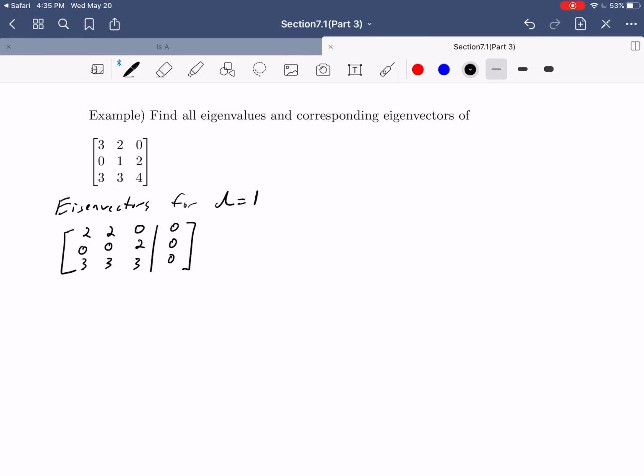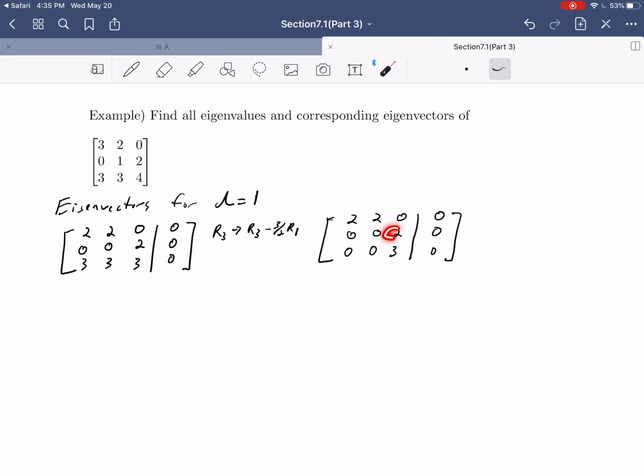All right, it should be pretty easy to solve that. We can begin by using R3 and replacing with R3 minus 3 halves R1. Then we should get 2, 2, 0, 0, 0, 0, 2, 0, and then it looks like that should give us 0, 0, 3, 0.